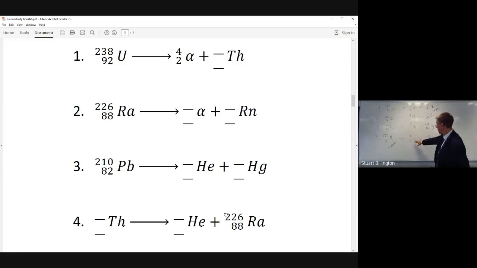You won't have to worry about what these things are called. You just have to do the numbers bit. Remember that it is always 4 and 2, and then just make these numbers add up to the same as that number. And the point of it is to demonstrate to you that the thing you started with turns into something else when it spits out the alpha particle.